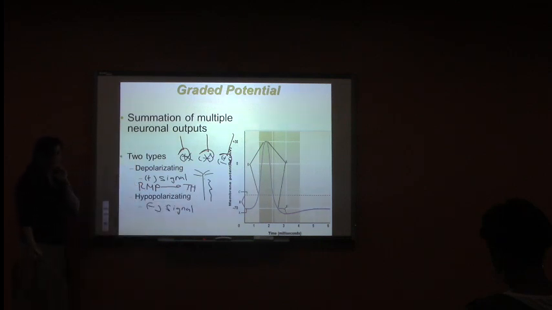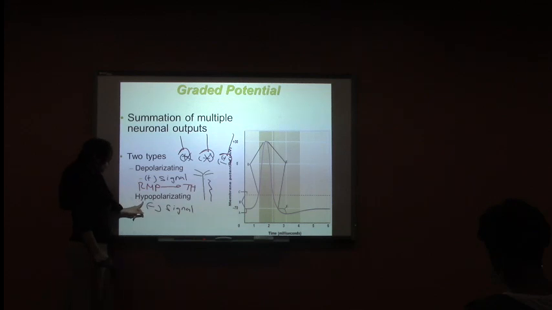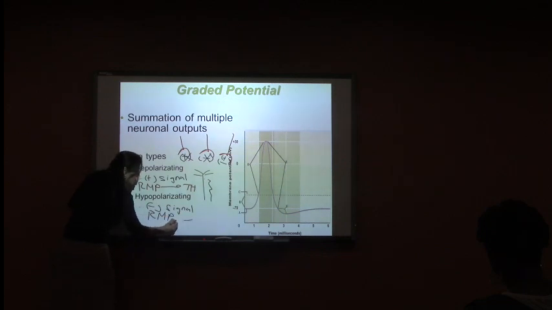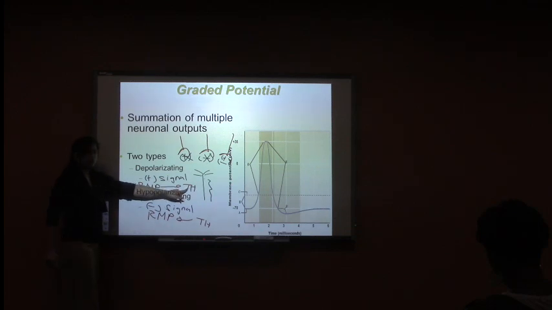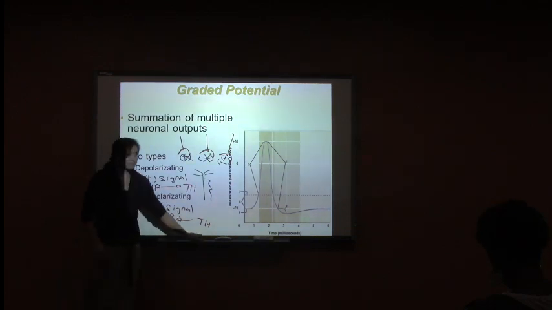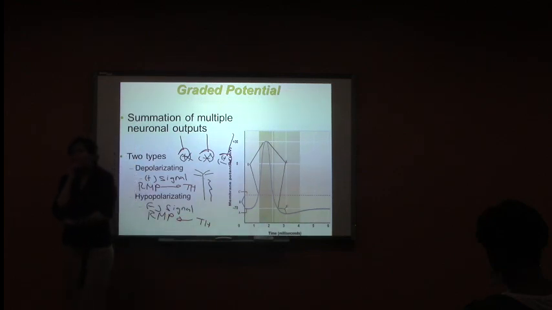Hyperpolarizing type is a negative signal, so the resting membrane potential goes away from threshold. One arrow is going towards threshold, the other arrow is going away from it. Does that make sense?